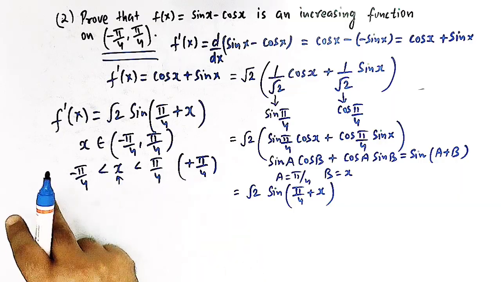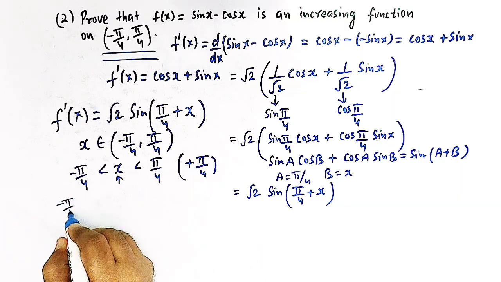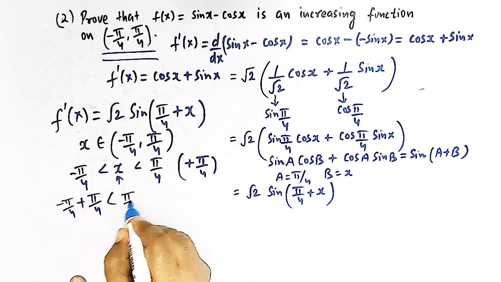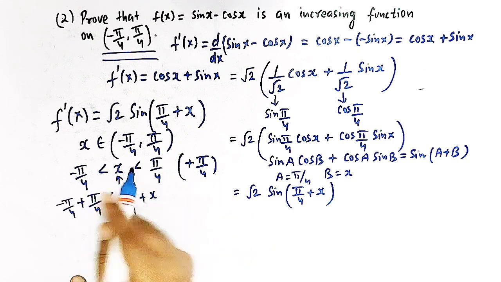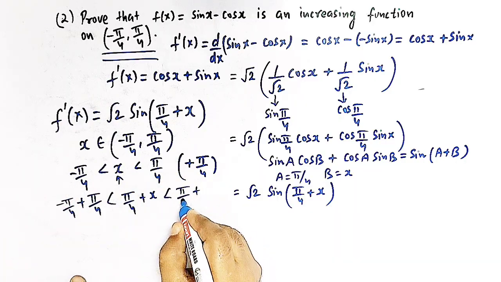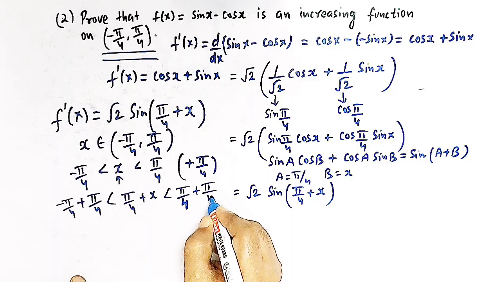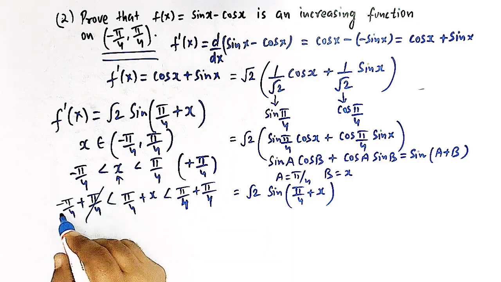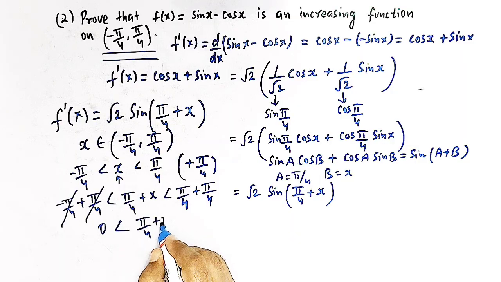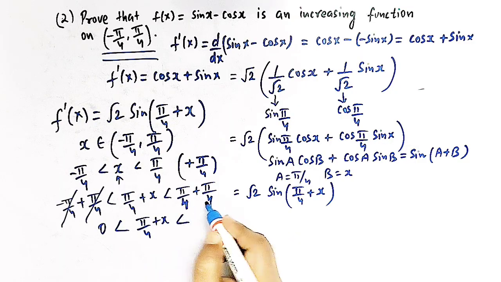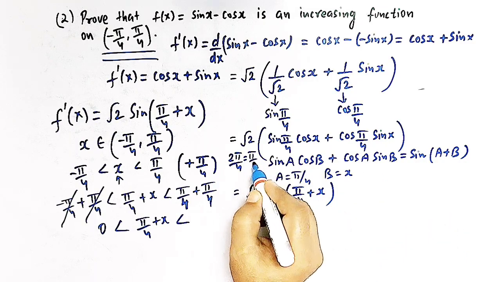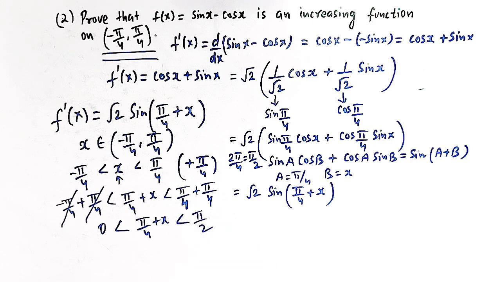So adding pi by 4 throughout, we have minus pi by 4, then we add pi by 4. Here we have pi by 4 plus x, adding pi by 4 throughout, and here we have pi by 4 plus pi by 4, right? So here these two terms get cancelled. Here we have simply pi by 4 plus x, and here pi by 4 plus pi by 4 is 2 pi by 4, that is equal to pi by 2. So here we have pi by 2.